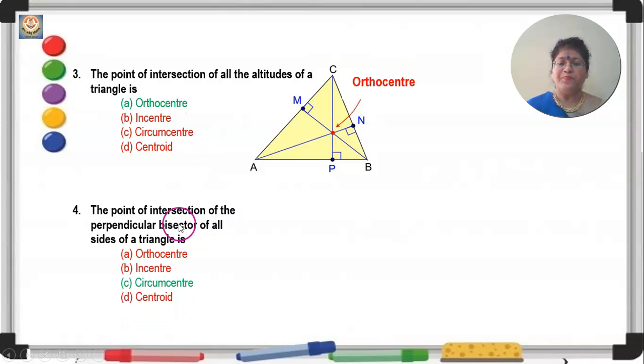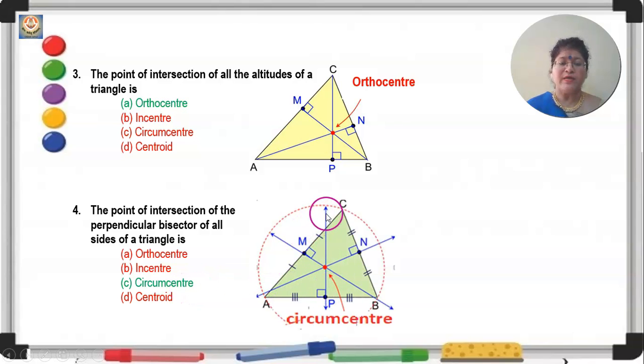Question number 4. The point of intersection of the perpendicular bisectors of a triangle is called the circumcenter. So, given this triangle ACB, AB is one of the sides of the triangle. Now look at this side AB and this line which is drawn on AB.